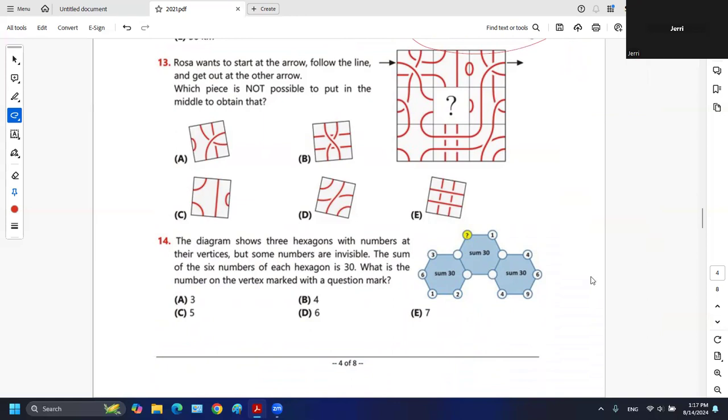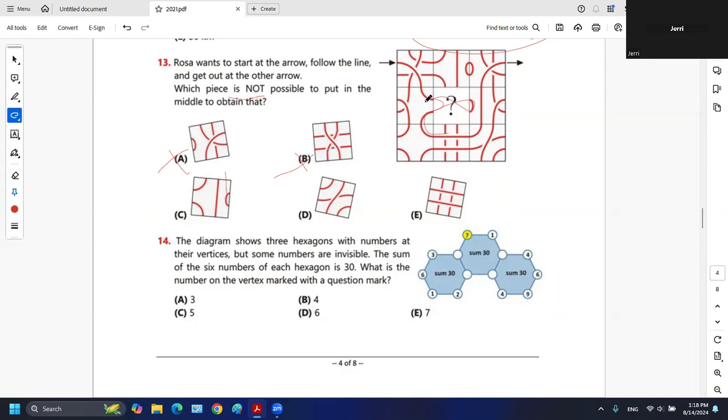Question number 13. Now, let's start with A. Here, you can just bend back over here and then go straight through. So now, B goes like that and then back like that. See?